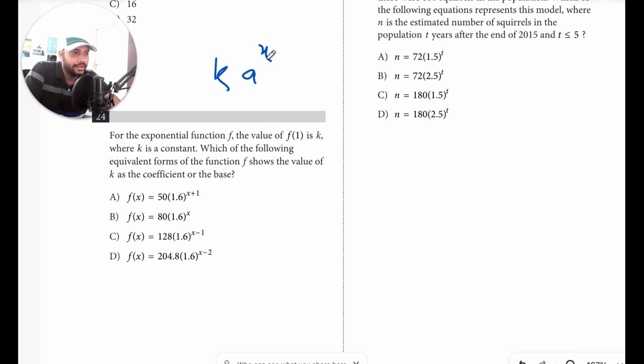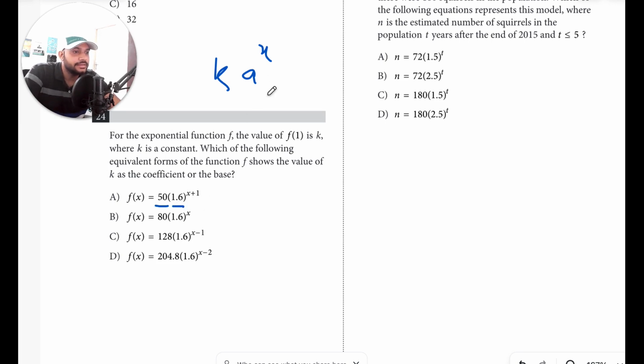Which of the following equivalent forms of the function f shows the value of k as the coefficient or the base? So k could either be the base or the coefficient.